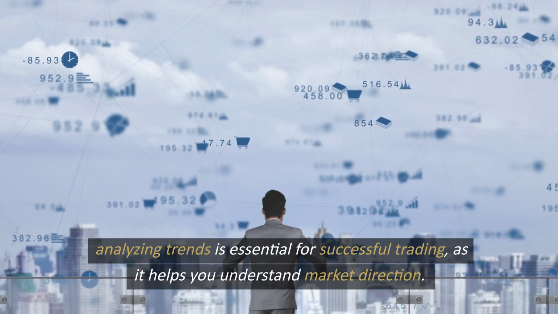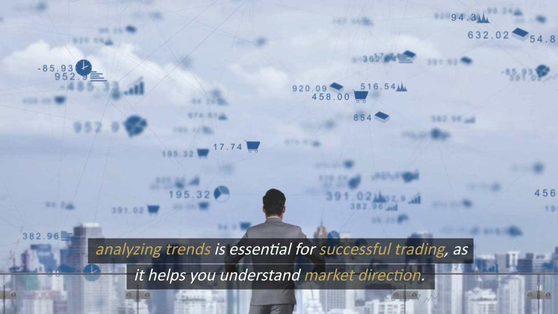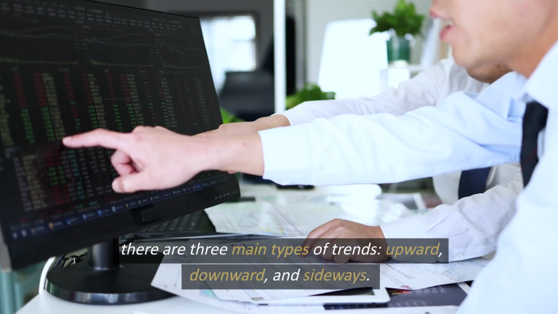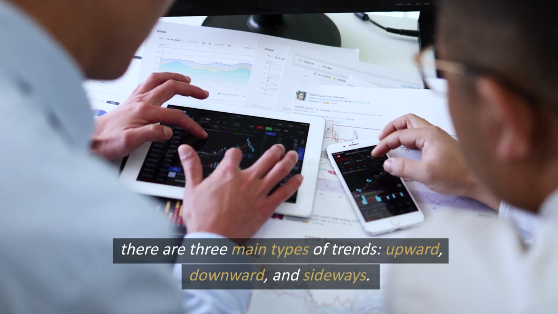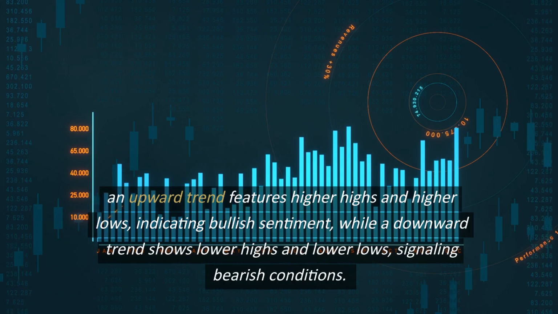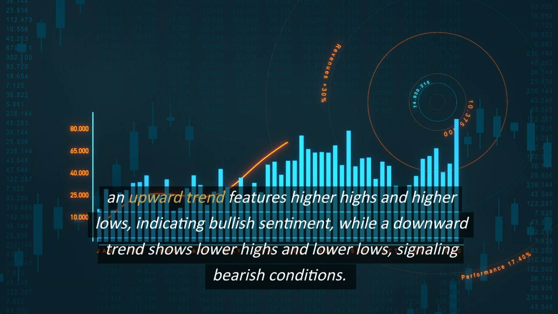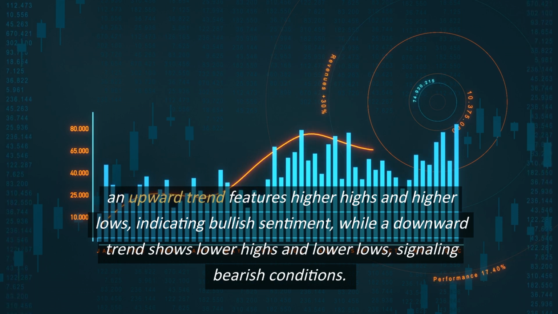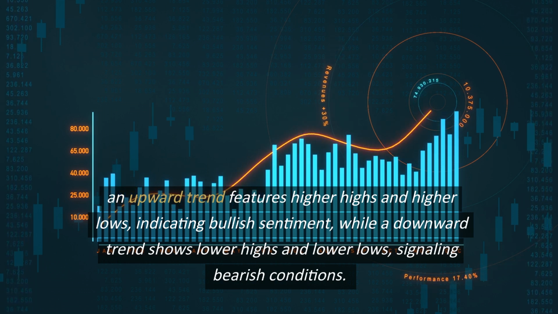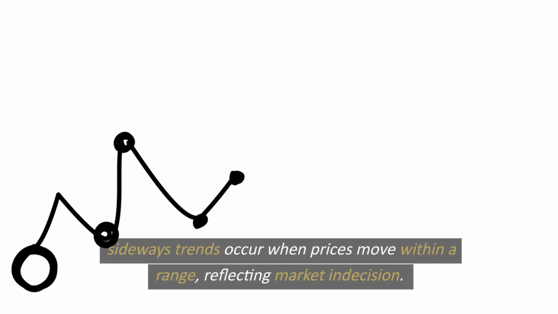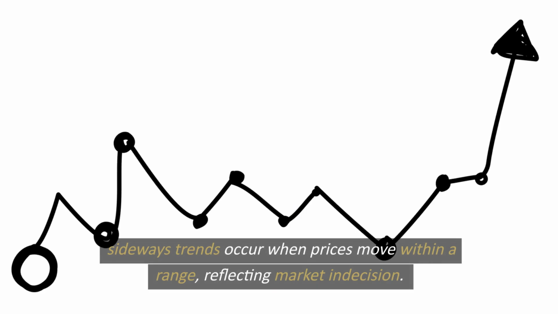Analyzing trends is essential for successful trading, as it helps you understand market direction. There are three main types of trends: upward, downward, and sideways. An upward trend features higher highs and higher lows, indicating bullish sentiment, while a downward trend shows lower highs and lower lows, signaling bearish conditions. Sideways trends occur when prices move within a range, reflecting market indecision.